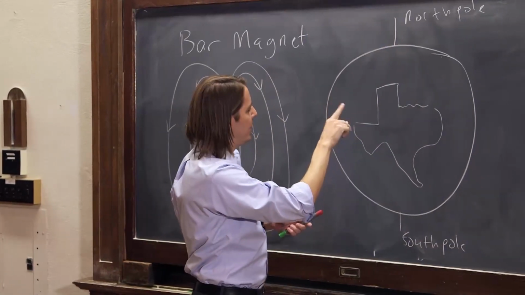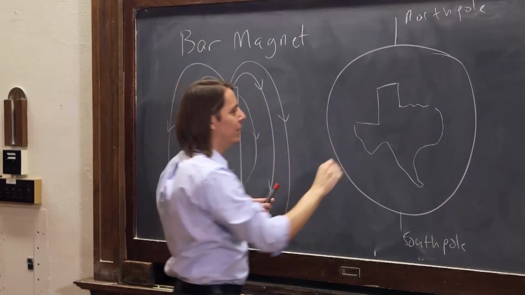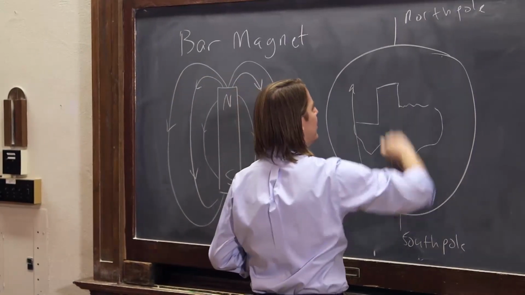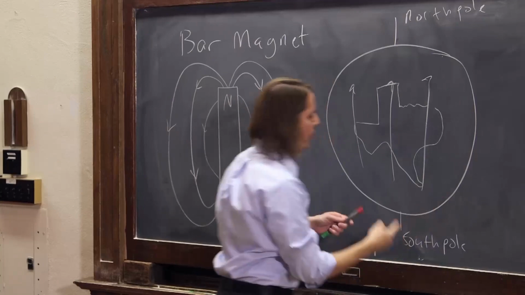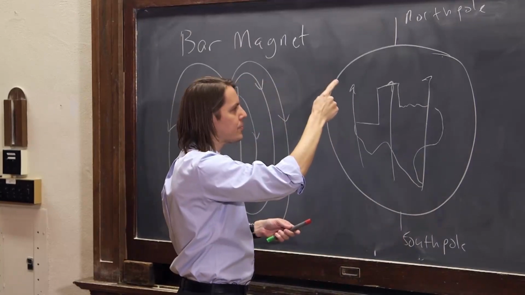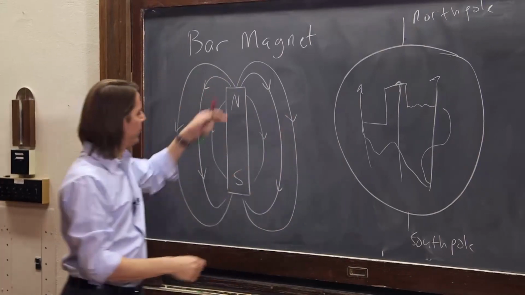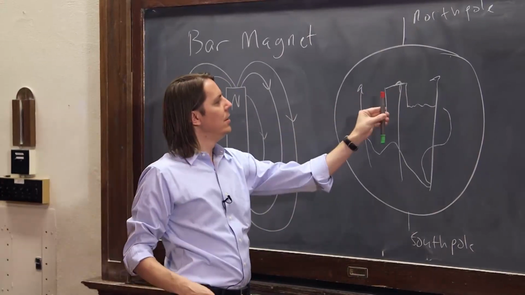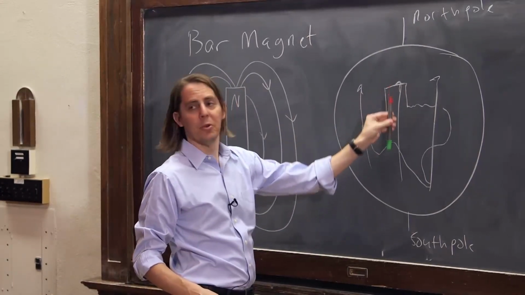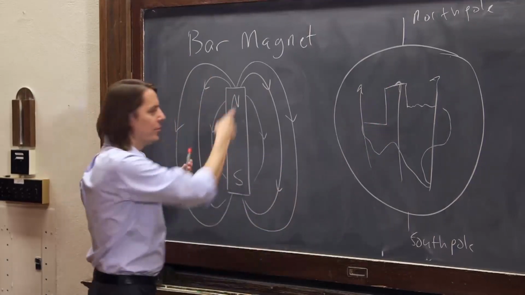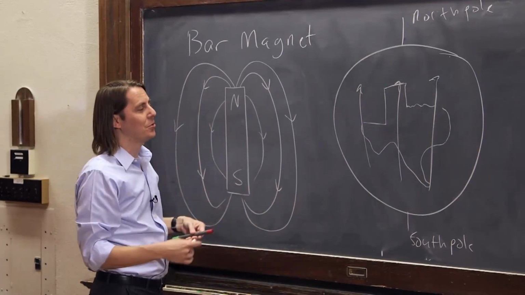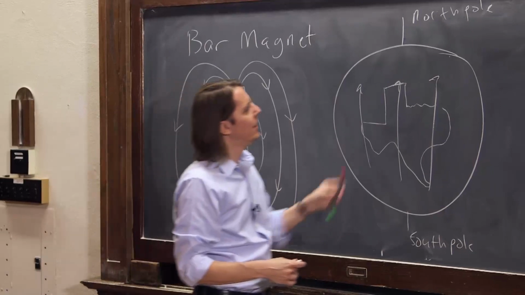Now, we know that the Earth has its own magnetic field where the field points basically this way. It points from south to north. So this is why if you take a bar magnet like this, or any magnet with a north and south pole, it'll align to where it points north. The North Pole points north. So that's why we call this north and south, right? That's the historical reason that it got that name.